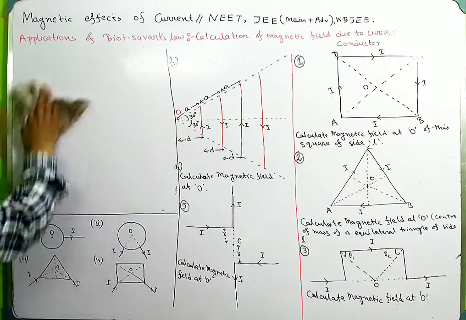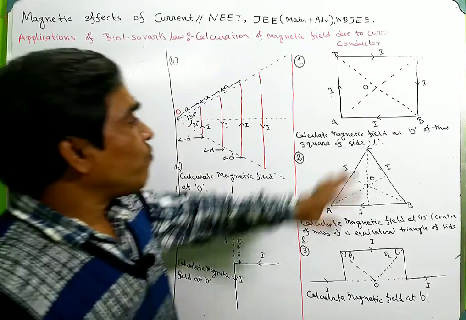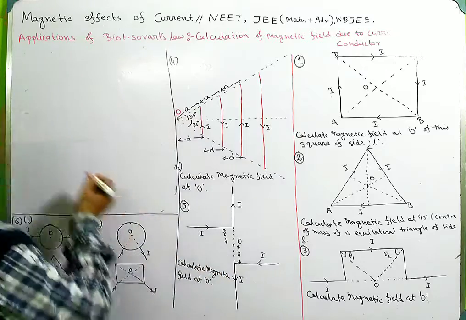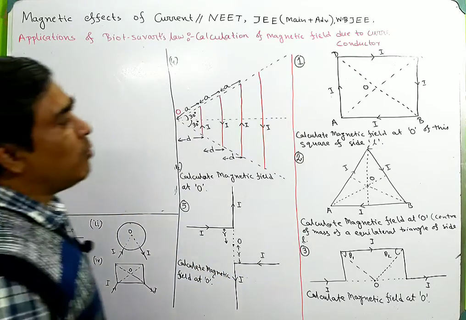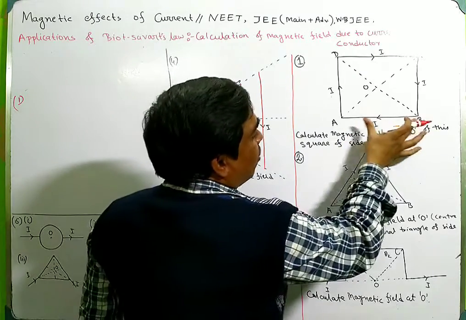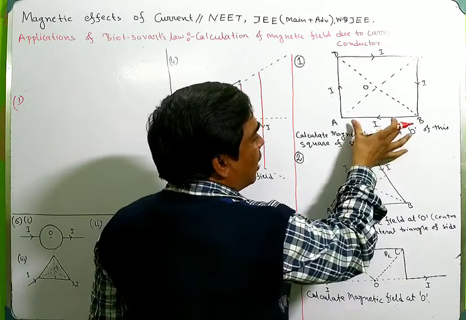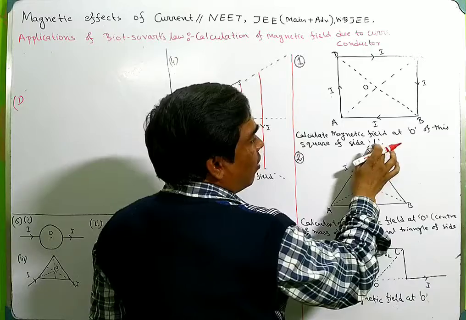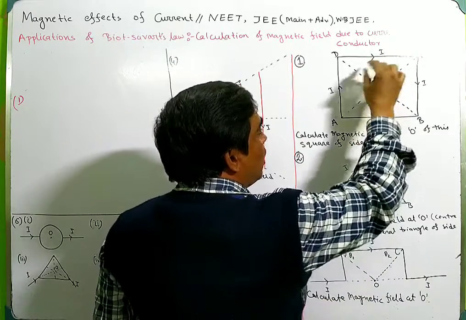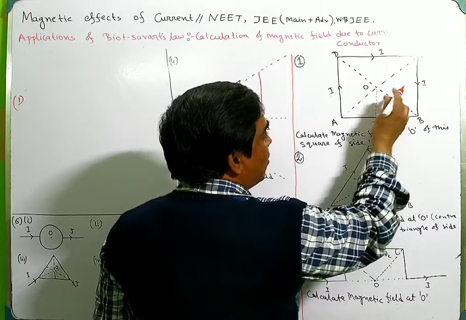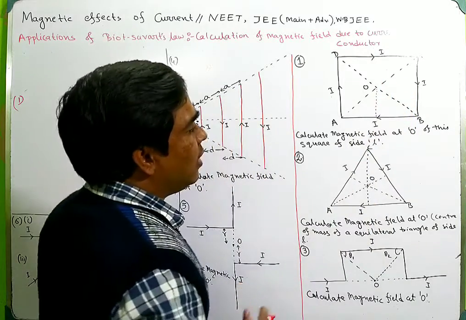Now, in this case, how to calculate the magnetic field? Number one, this is one side, and this side has length L. So this is a square, and from this square you can write that this distance will be L by 2.